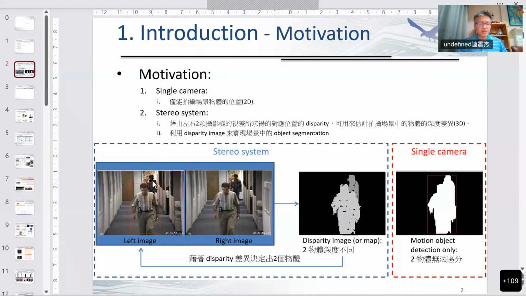Actually this is me, and this is, okay, his name, Chengdu is an Indian, I forget his name. So two over here. If one image, how can you separate these two persons from one image? It is not easy. If you have a stereo, this I designed in year 1999. I designed this one, real time for DARPA, for the American military.